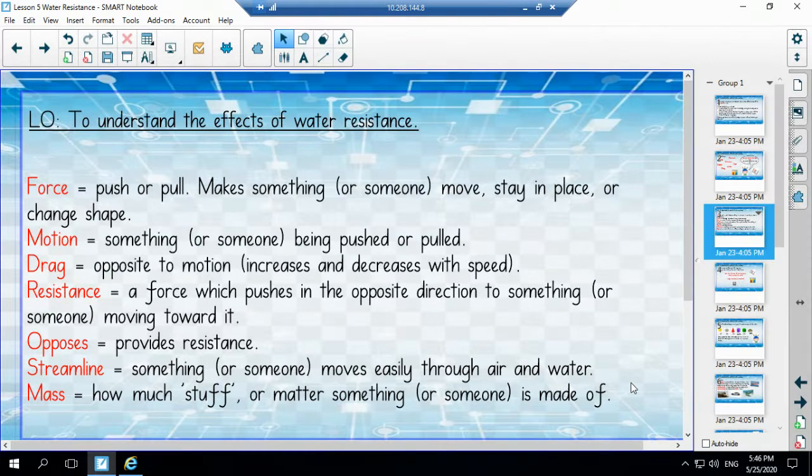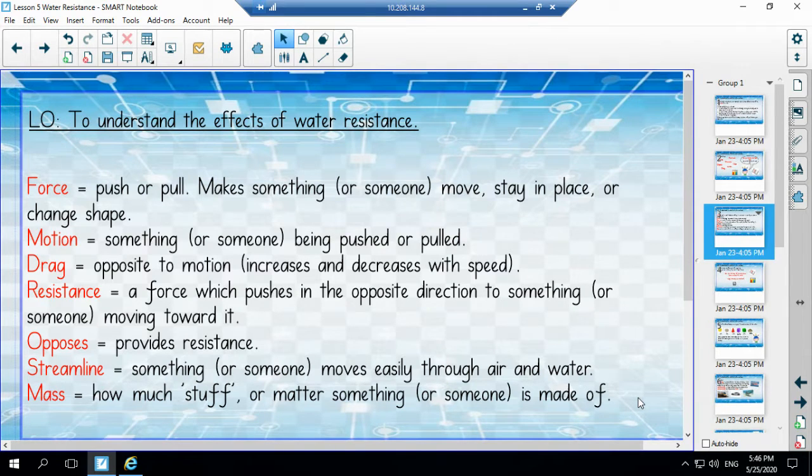Force. It's a push or a pull. It makes something move, stay in place, or change shape. Motion. Something or someone being pushed or pulled. Drag is the opposite to motion. This increases and decreases with speed. Resistance is a force which pushes in the opposite direction to something or someone moving towards it.